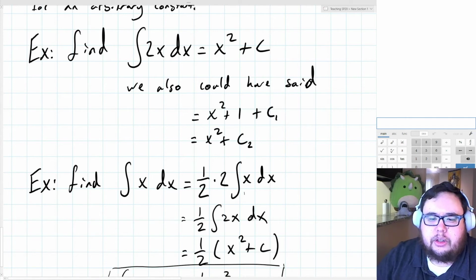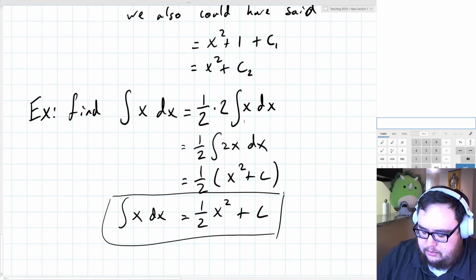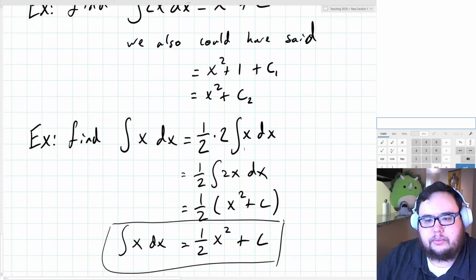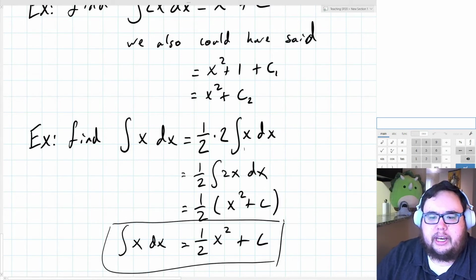But if it's going to be the integral of 2x, then I have to take half of that, right? Okay, I got it. It's another one of those multiply everything by one type situations. Yeah, I'm doing a really weird way of multiplying everything by 1.